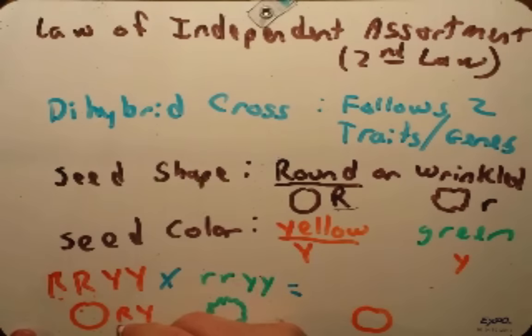So they will all be big R, big Y. Now when this other parent here makes seeds, all of the seeds will be little r, little y.